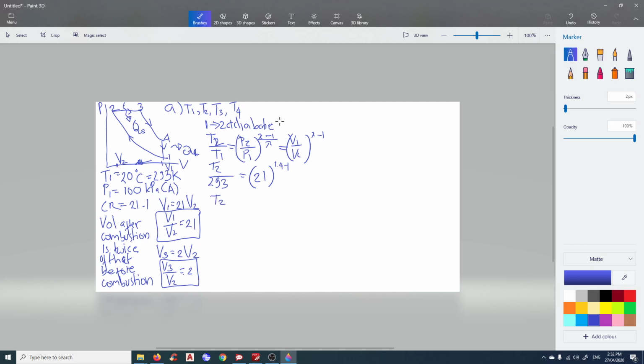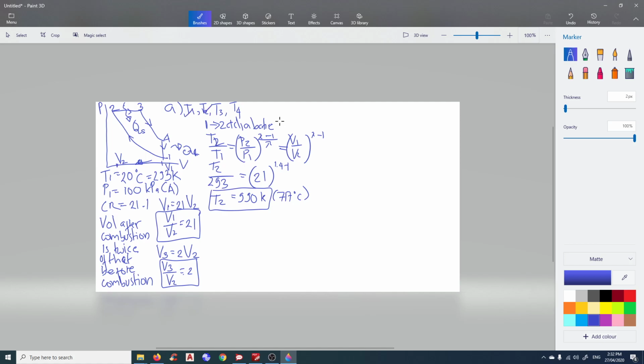So T2 here is 990 Kelvin or 717 degrees Celsius. So T1 done, T2 done.